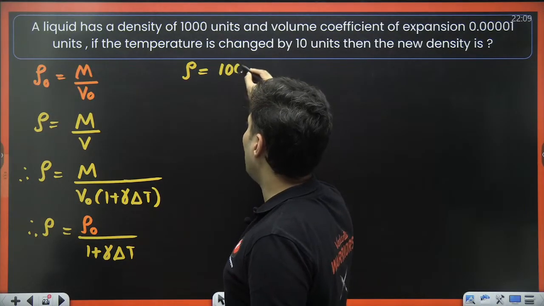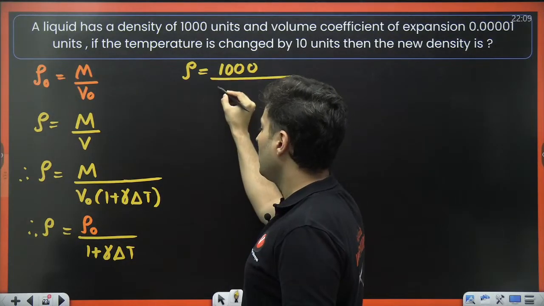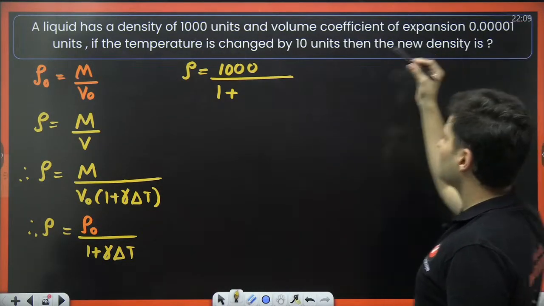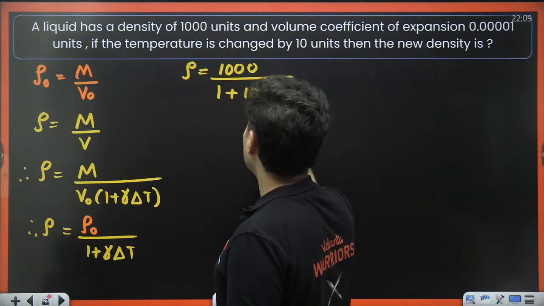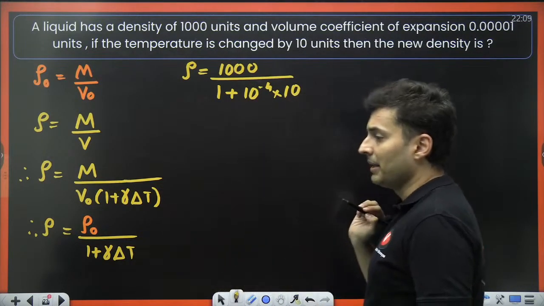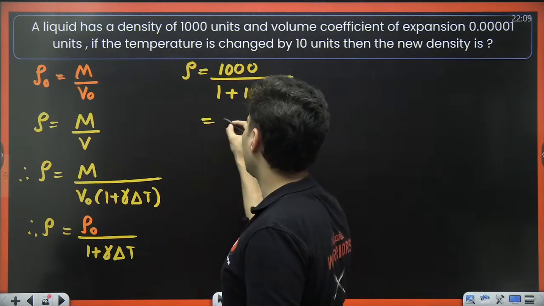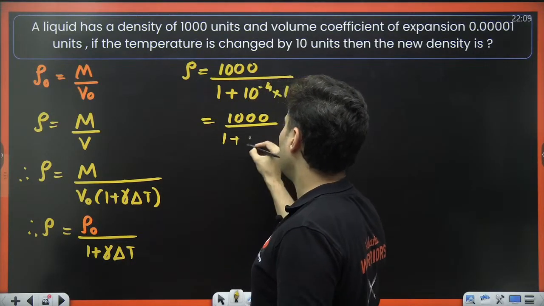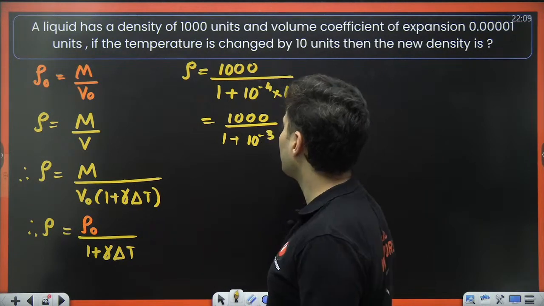rho naught divided by 1 plus gamma delta T. Rho naught is 1000. Gamma has 1, 2, 3, 4 decimals, so 10 to the power minus 4 into 10 units. That's the delta T value. So this will become 1000 divided by 1 plus 10 to the power minus 3.